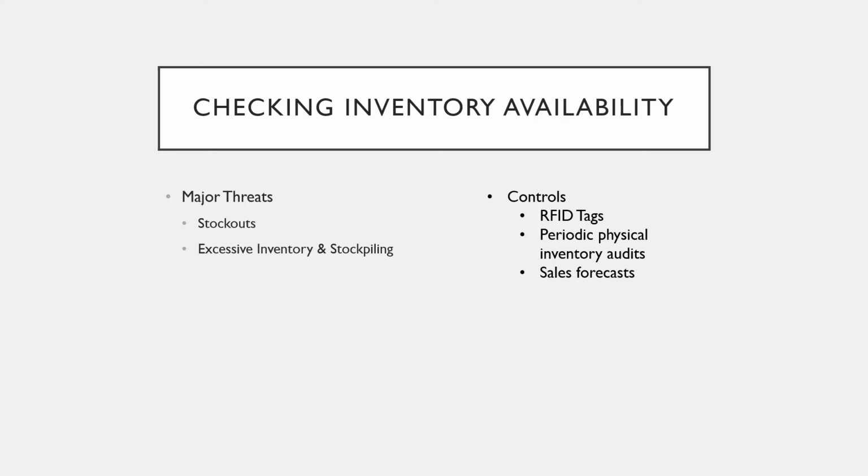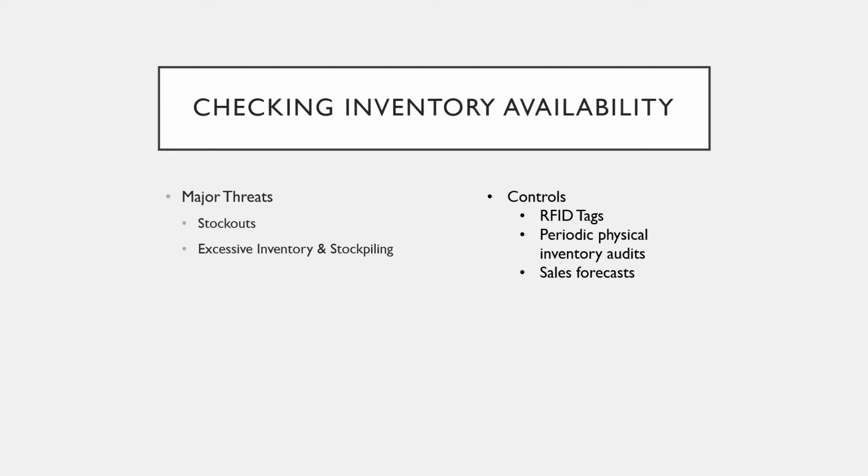What those physical inventory audits will do is supplement the RFID tags, in case the tags miss any inventory, or it might be slightly off due to something that happened in the store, like sales returns and all of those sorts of things.